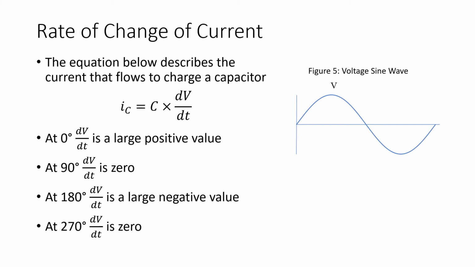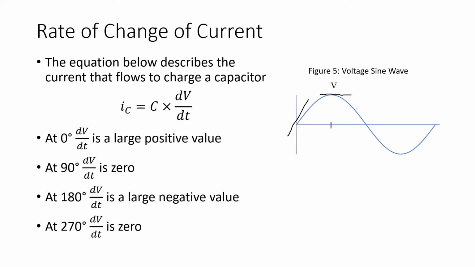At 90 degrees, dV/dt is 0. At exactly 90 degrees, the slope of this function is 0. In other words, voltage does not change as time changes at exactly 90 degrees.